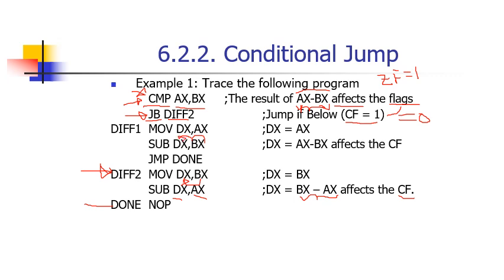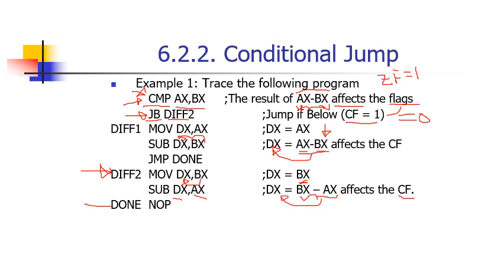Your AX is not below BX, AX is higher than BX, so you take the difference, AX minus BX, and place it in DX. So when BX is lower, you take the difference and place it in AX. When BX is higher, you take the difference and place it in DX.